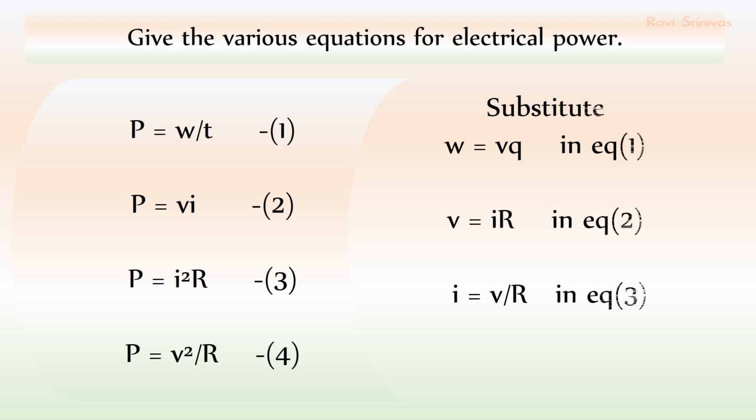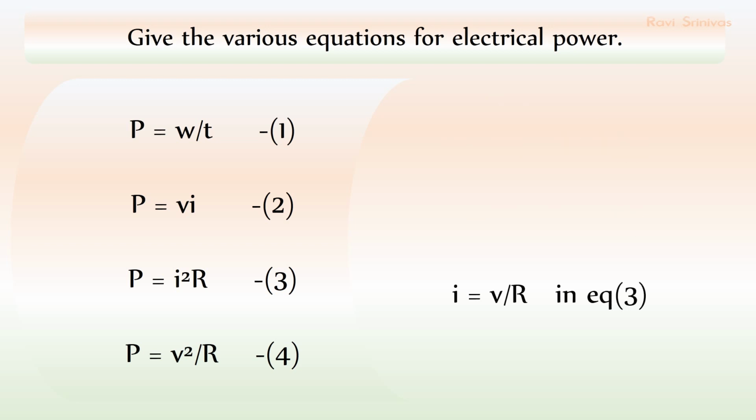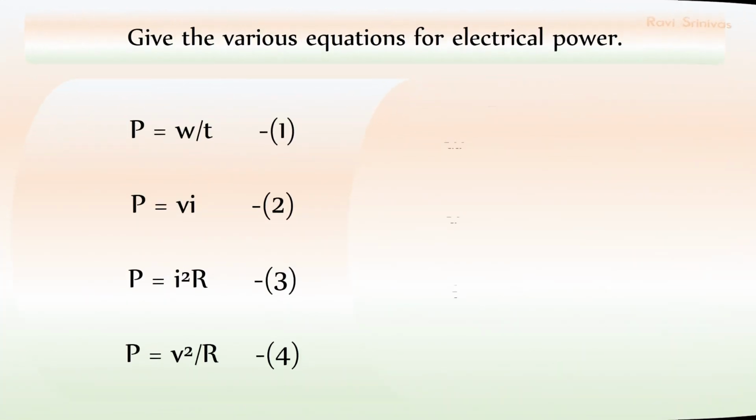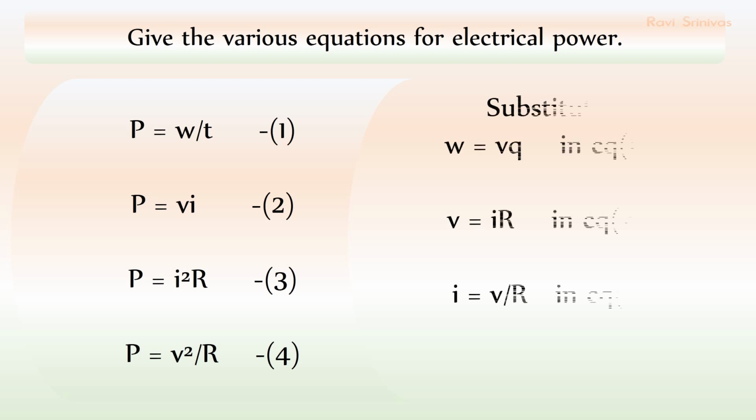We substitute this in equation 1, and we also know that charge by time is current. So we have the second equation, power equal to V into I, that is voltage into current.